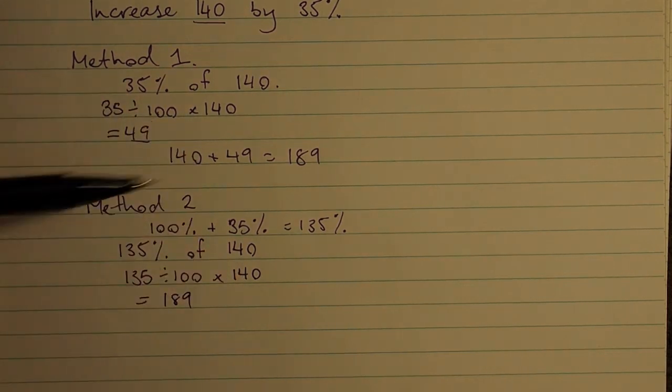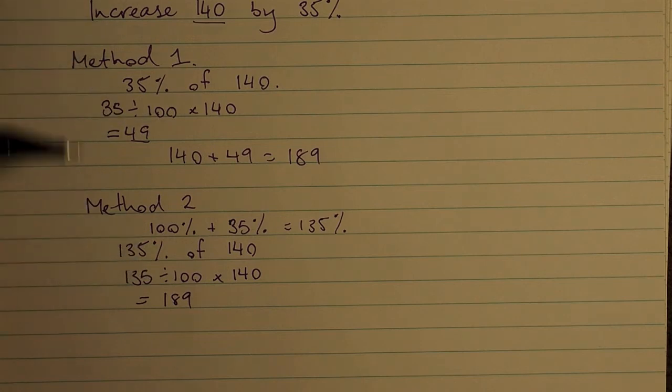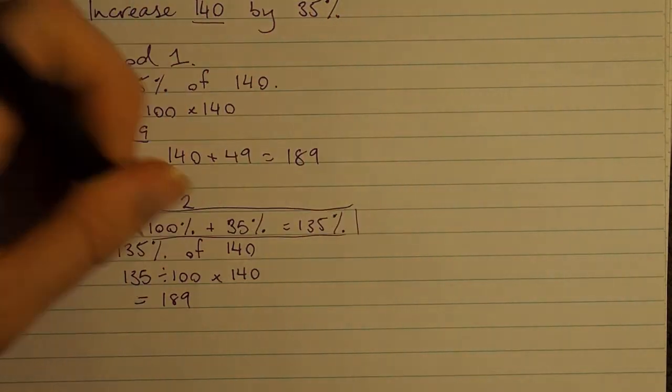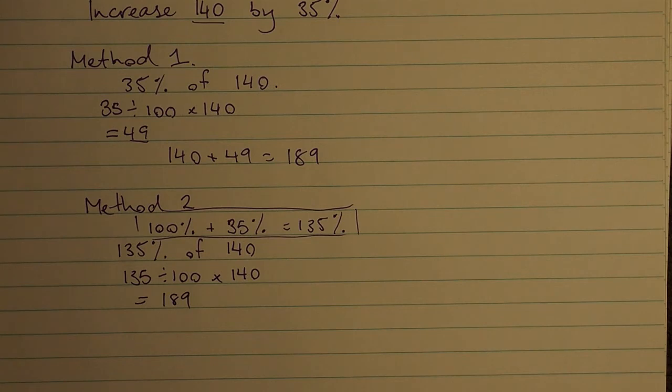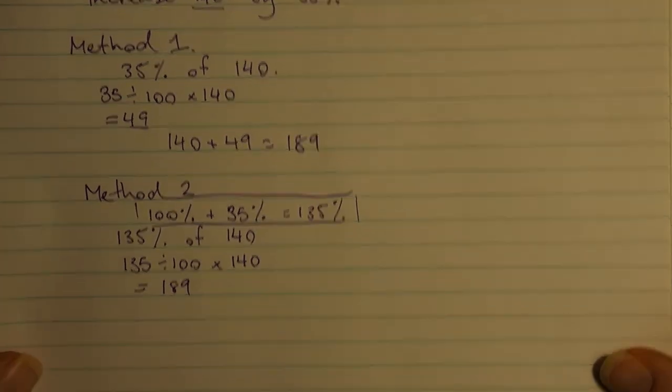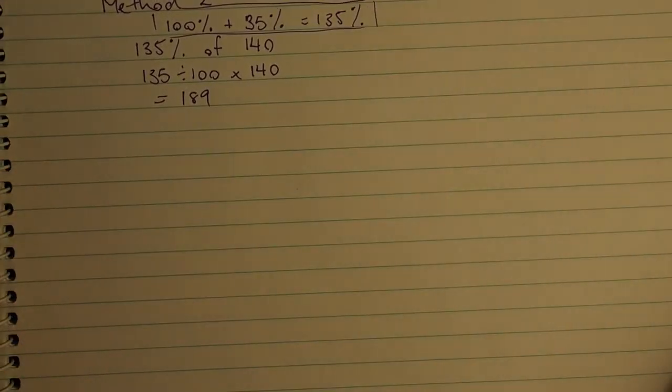Obviously we get the same answer for both. As I said, the second method is a bit quicker because we really don't need to spend the time writing this part down, but you might still like to use the first method because it's just that little bit easier to grasp. So that's increasing.